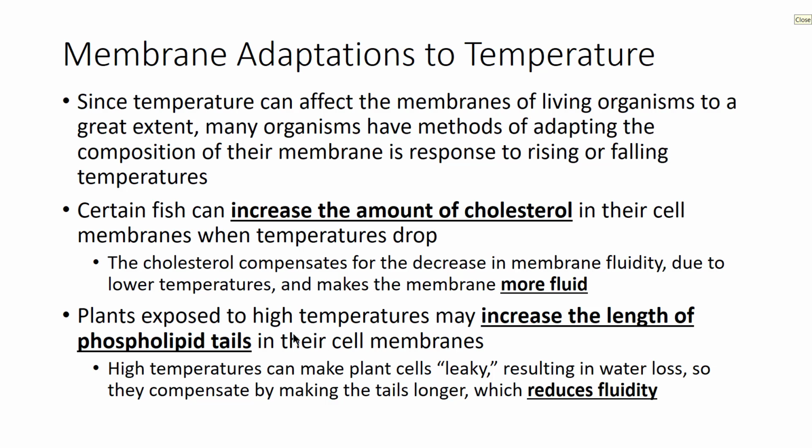If you've done any gardening or if you know much about plants, you'll know that some plants are pretty well off in a hot temperature and other plants don't do well at all in a hot temperature. So these are just some of the many things that plants can do at the membrane level to change that sort of favorability at different temperatures. Same thing with fish as the other example I gave here.